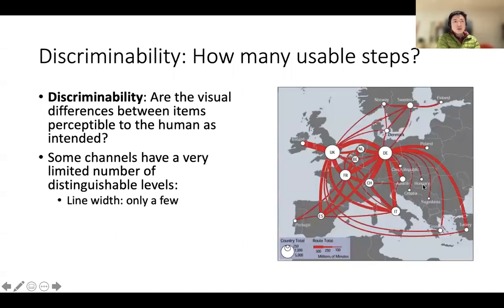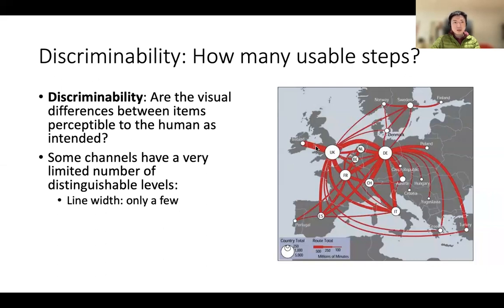Here we're showing one channel which is actually not that good. The channel we are using is the line width. This is a visualization of different countries in Europe, and two are connected if there is trade between the two.